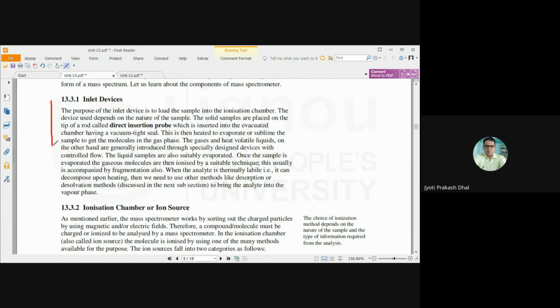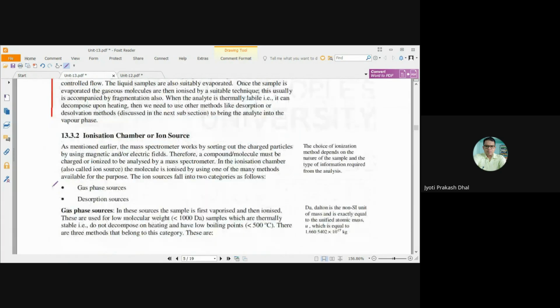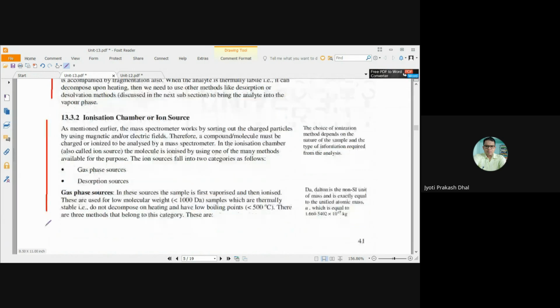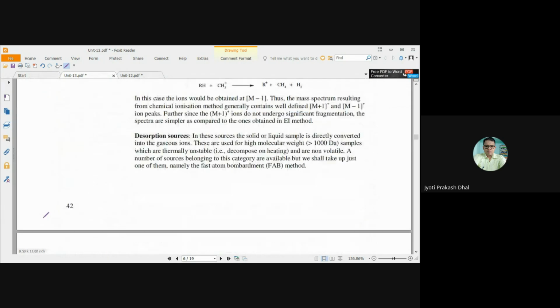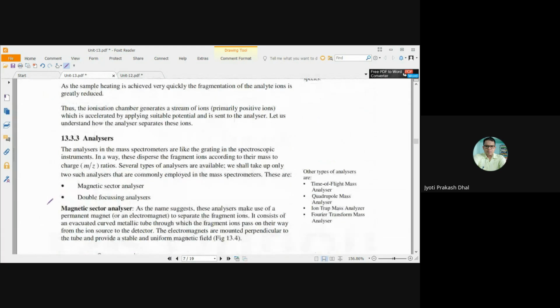So these are the different parts. The first one is the inlet device, then the ionization chamber. Two types of ionization sources are there, that is the gas phase source and the desorption source. The next one is the analyzer. Two types of analyzers are commonly employed in the mass spectrometer, that is the magnetic sector analyzer and the double focusing analyzer.